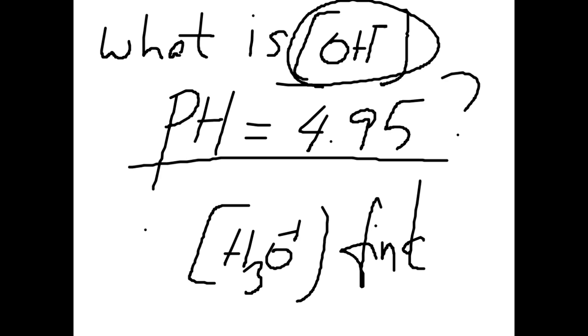You can't say 10 to the negative 4.95. You have to actually solve it, people. Only if you have a whole number can you say 10 to the negative 4. But you can't say 10 to the negative 4.95. 1.1 times 10... Oh, yes, actually, that's true, what she's saying.